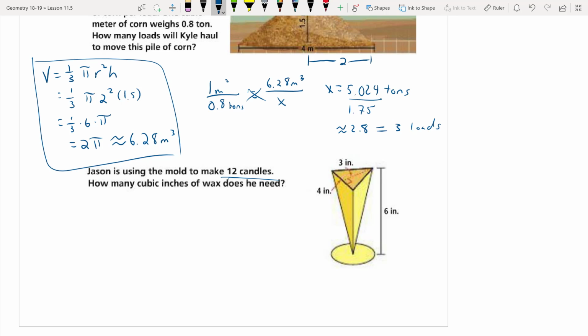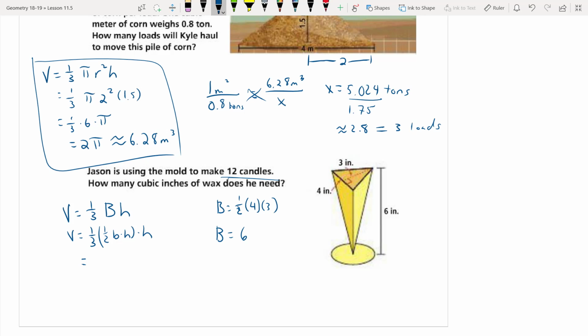So to find the volume of this, it's going to be 1/3 the area of the base times the height. Well, the area of our base here is going to be 1/2 base times height. So it's kind of a messy looking formula, but we're going to work through it easily. If I do the area of my base, that's 1/2 times 4 times 3, or half of 12. So the area of my base is 6.